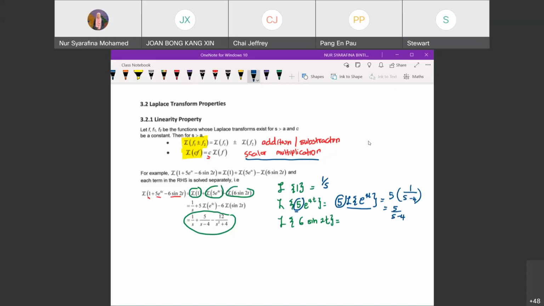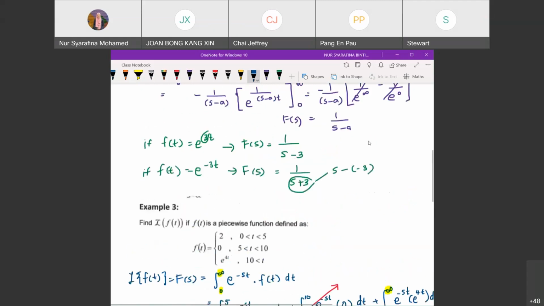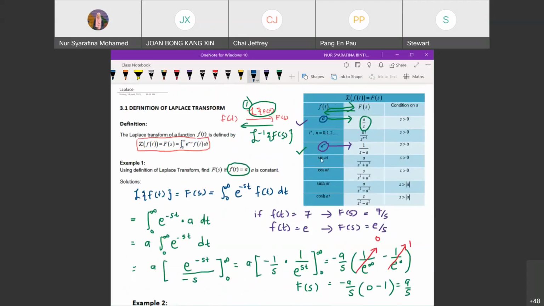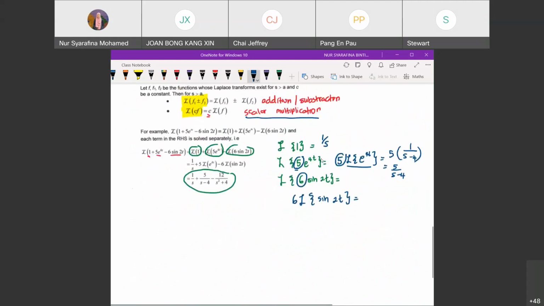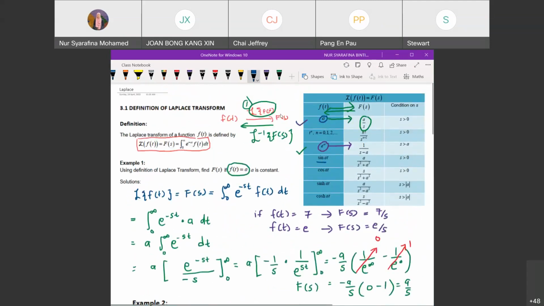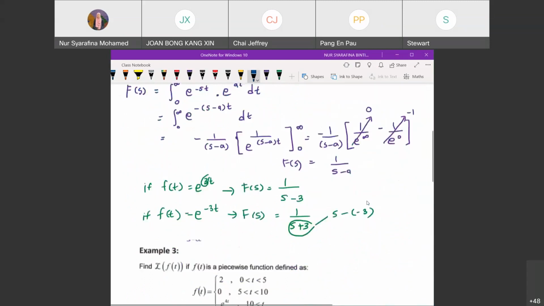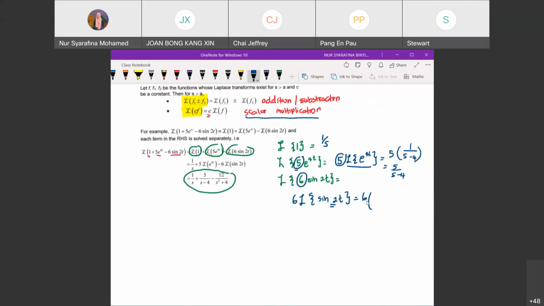Now, for this one, 6 is a scalar. Put 6 outside, then transform sine 2t. When you have sine at, the transformation becomes a over s squared plus a squared. Now you have sine 2t, so a is 2, which gives 2 over s squared plus 4.